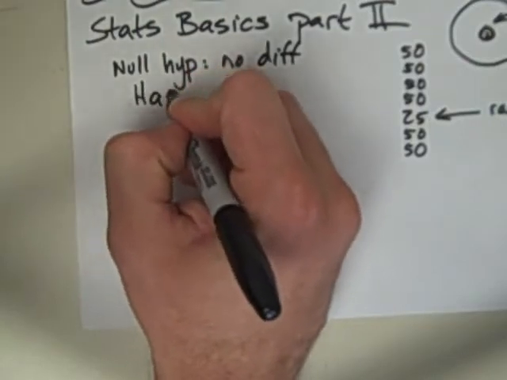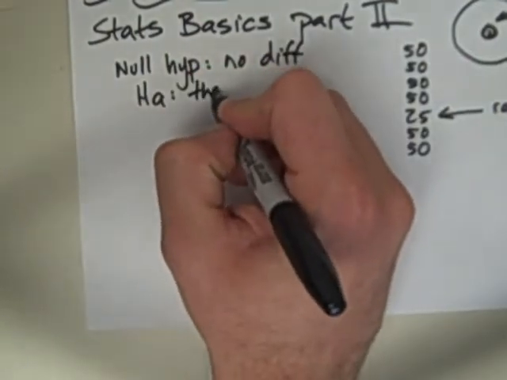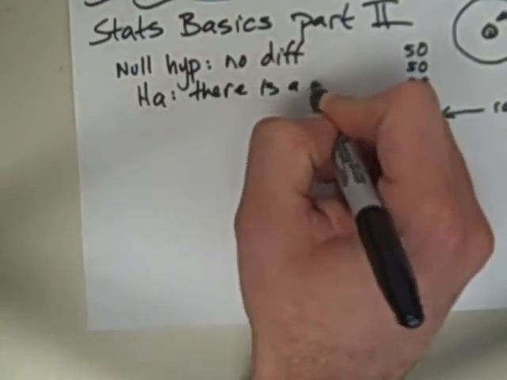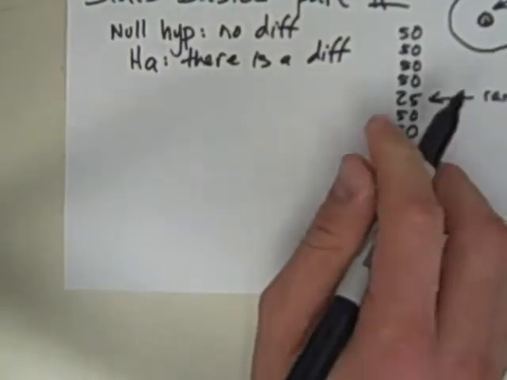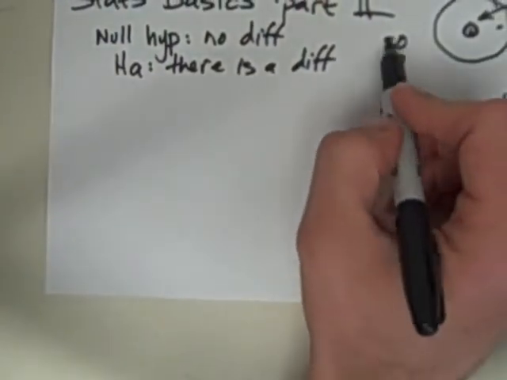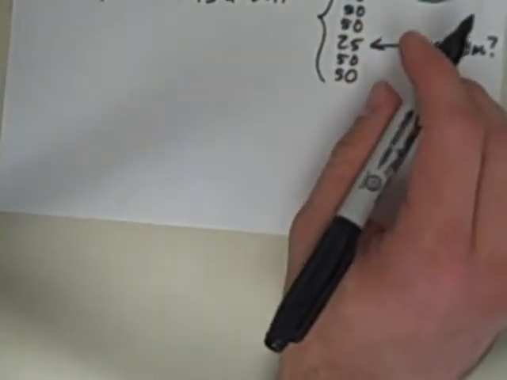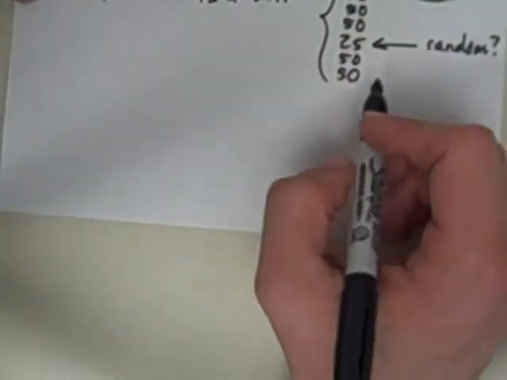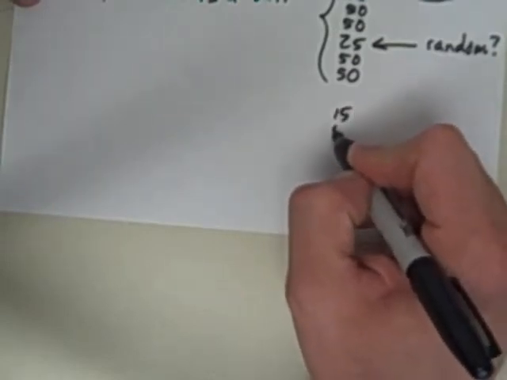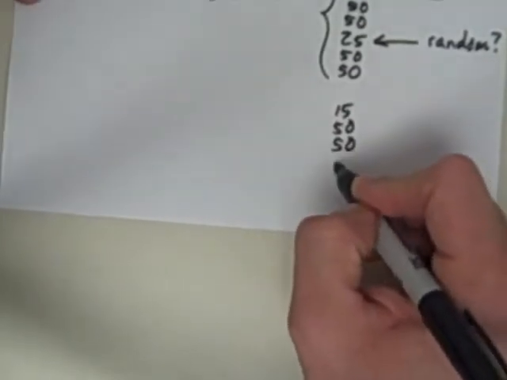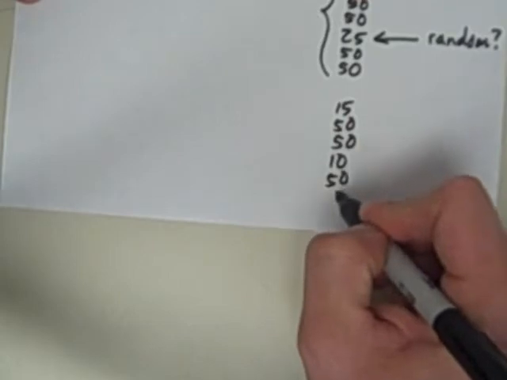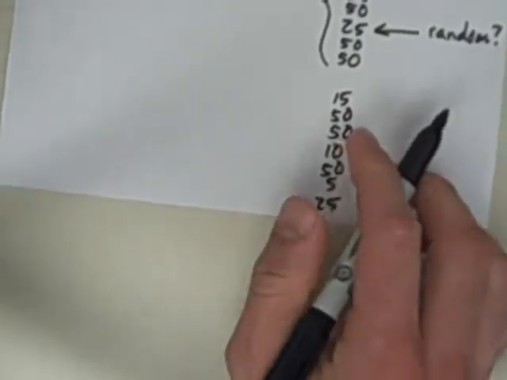My alternative hypothesis would then say there is a difference. So then I would have him throw the darts, let's say 10 times, we'll pretend those are 10 values, and then I'd have him throw the darts 10 times after I chopped his arm off. So 15, 50, 50, 10, 50, 5, 25.